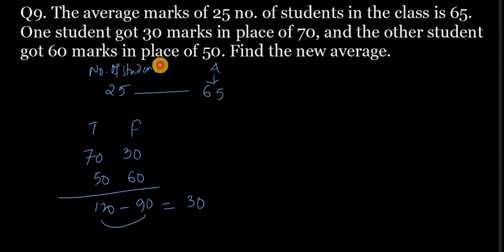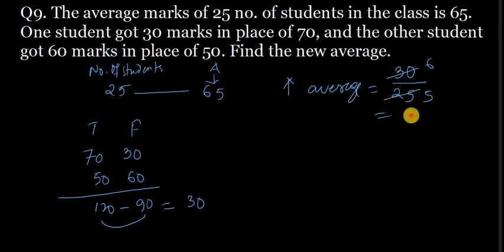So the increase in average is found by dividing the marks by 25: 30 divided by 25 is 1.2 marks.